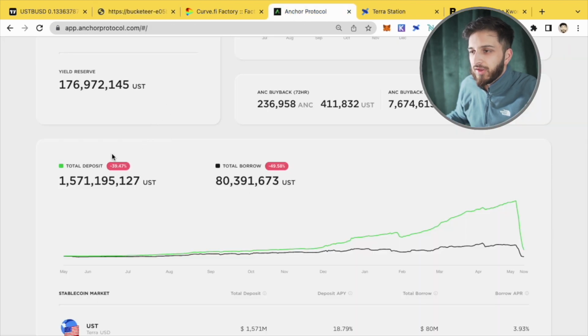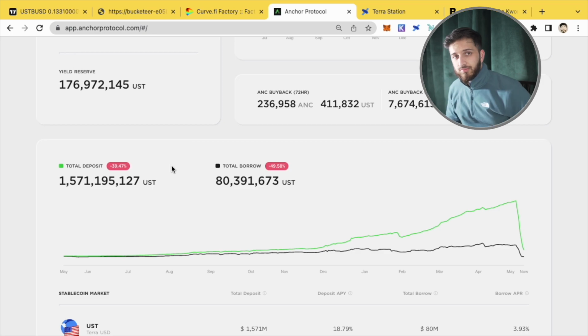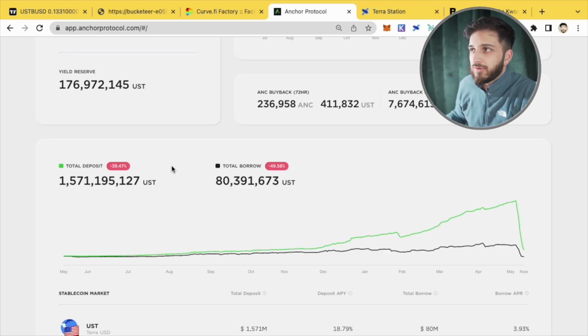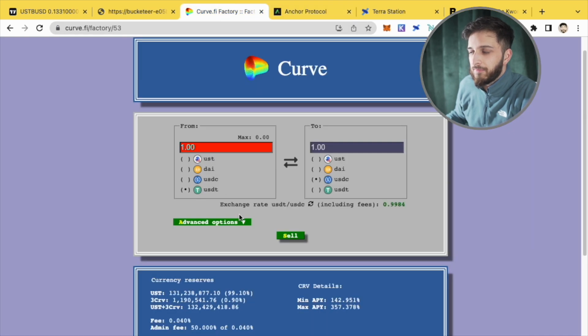Now, here's where the issue comes. All of this at the same time actually led to about 2 billion UST leaving Anchor in one evening, essentially. All of that UST was sold. And the first thing that happened was there was an imbalance on the Curve pool, meaning that the peg dropped even further.